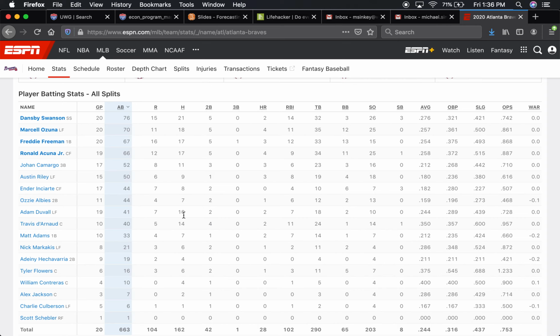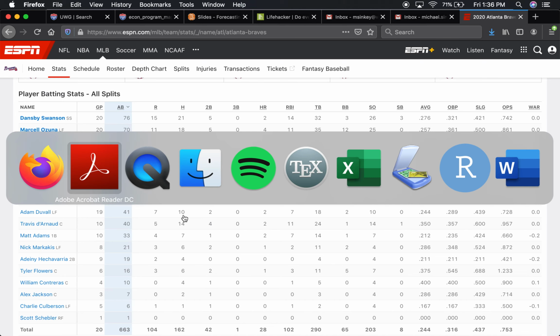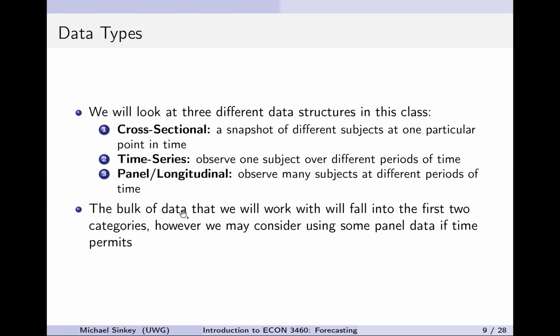Now, if I compiled this data every single day, and had Dansby Swanson's at-bats on Thursday and then added the at-bats on Friday and had a new variable for that, etc., I would have a panel of data. I would observe multiple Braves at multiple periods of time, and I could potentially observe all of this data.